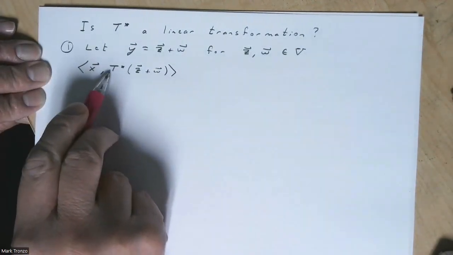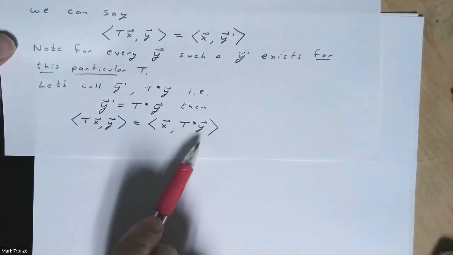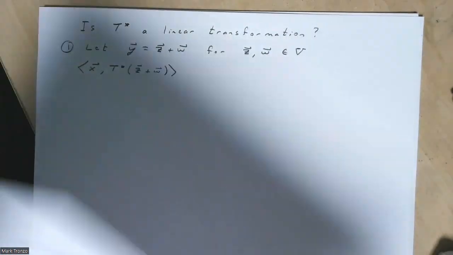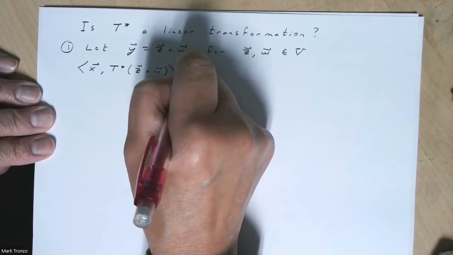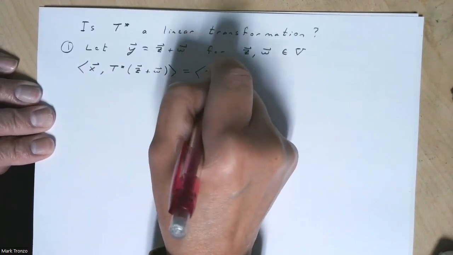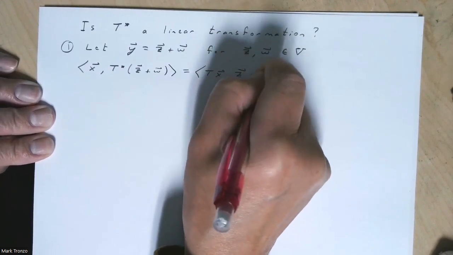And again, let's use our definition here. We showed that the adjoint is defined this way. So we can work backwards and say this is the inner product of T x and z plus w.